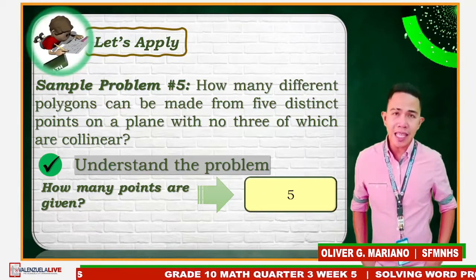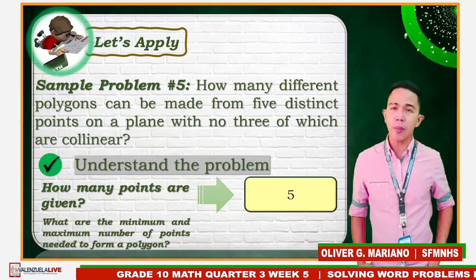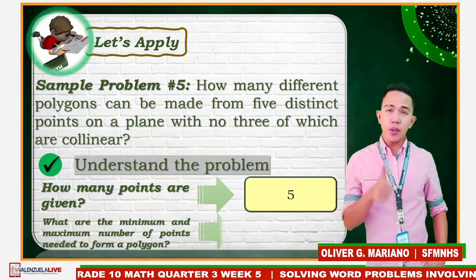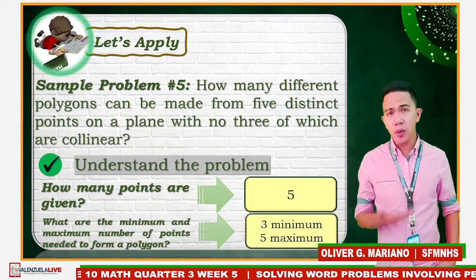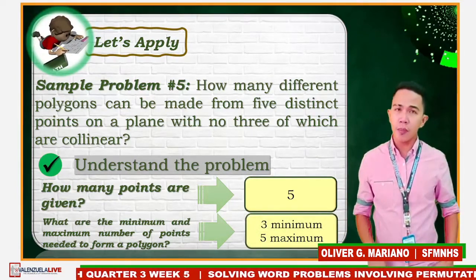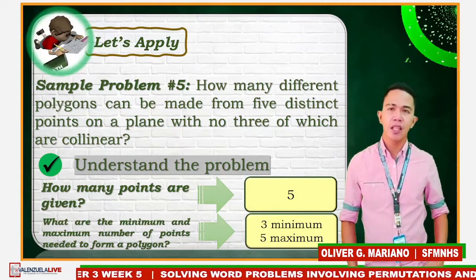What are the minimum and maximum number of points needed to form a polygon? Very good. In this problem, we can form a polygon using a minimum of 3 points and a maximum of 5 points.